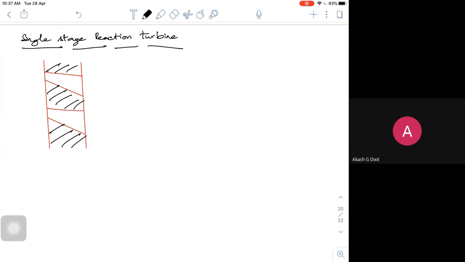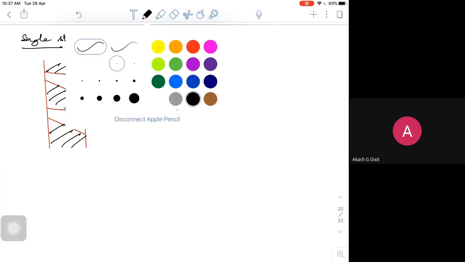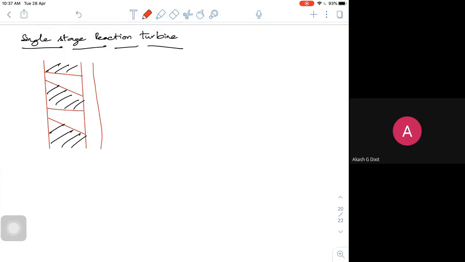Then coming to the rotor, two blades I'm going to draw. So the blade profile will be something like this, fine.